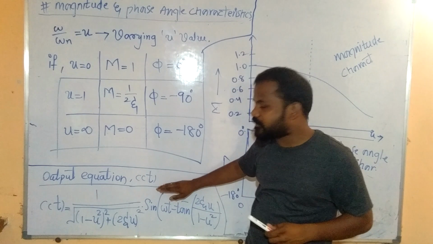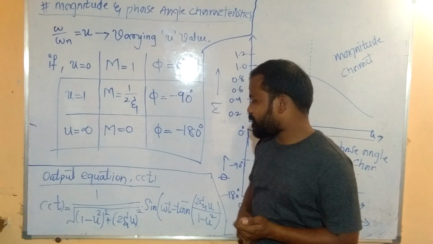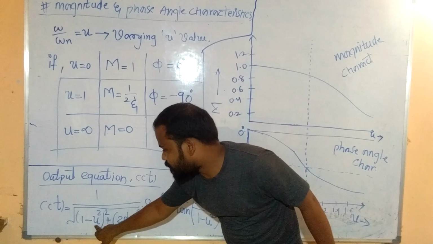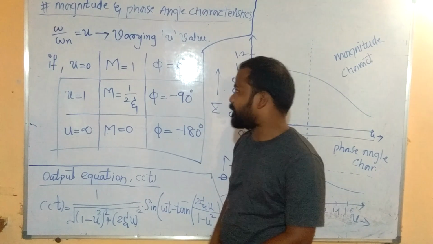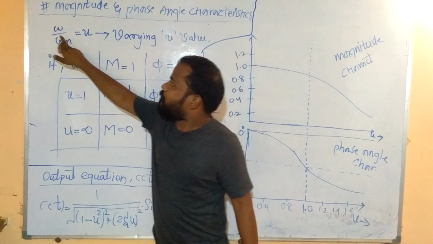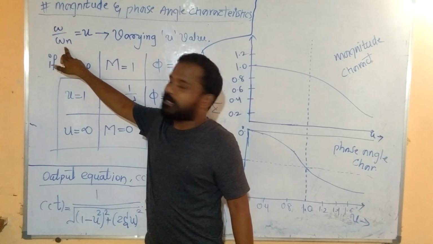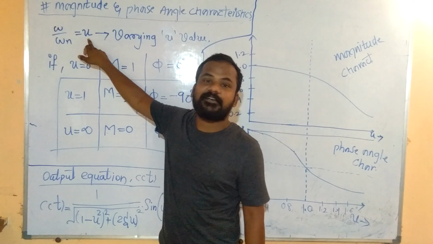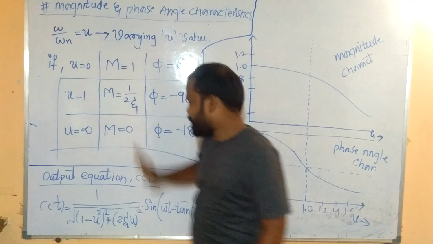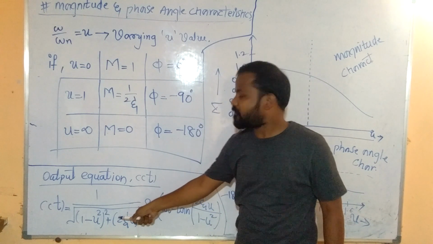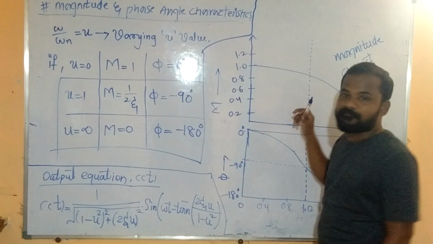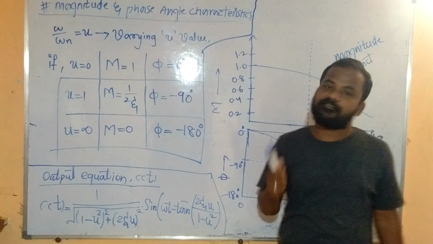In this equation the term u is equal to omega by omega n. Instead of omega divided by omega n we substituted the term u. Now in this equation we are going to vary the value of u, then you will get different values of magnitude and different values of phase angle.